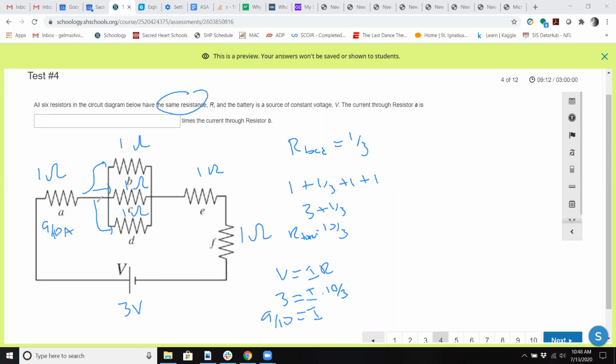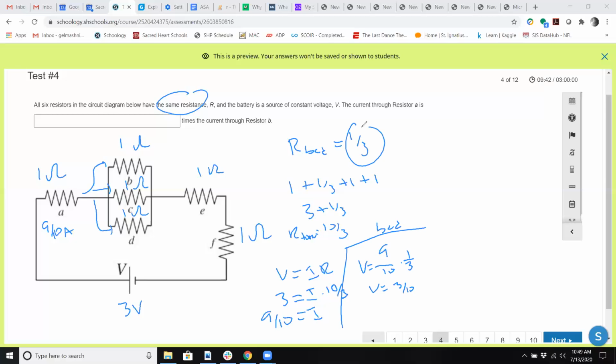Now it's still going to get split. So BCD is 1/3. So 9/10 times 1/3, so you actually can get the voltage there: 3/10 of a volt. But what's going to happen is for BCD, the combination of those, the combined resistance of BCD is 1/3.